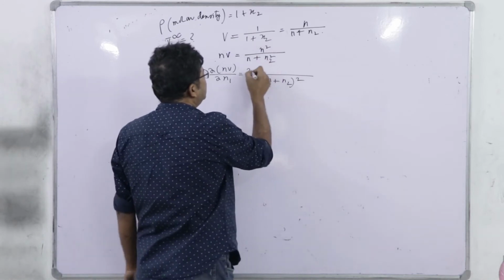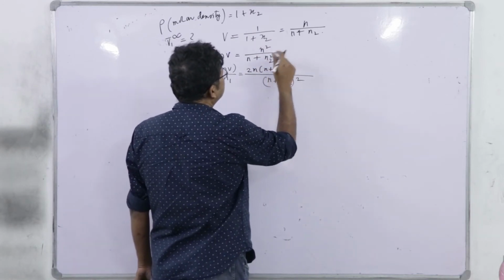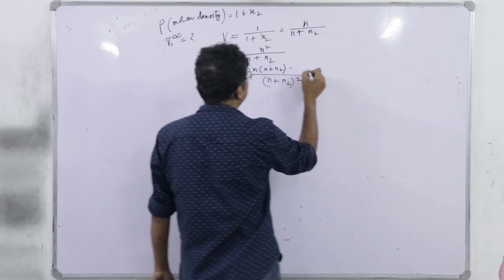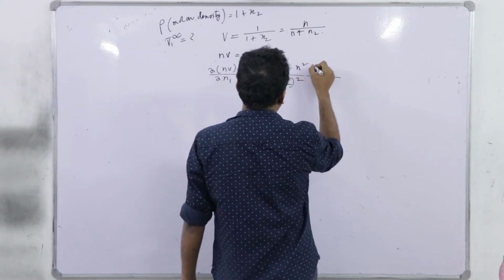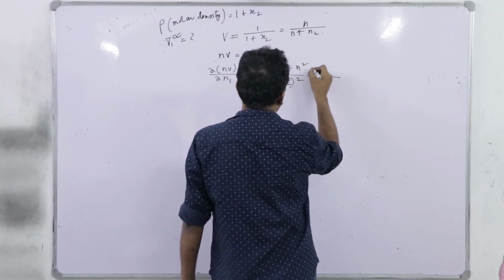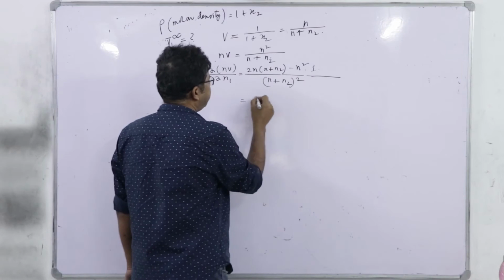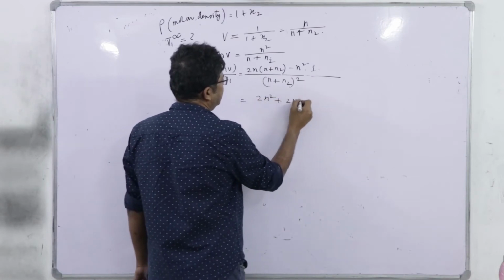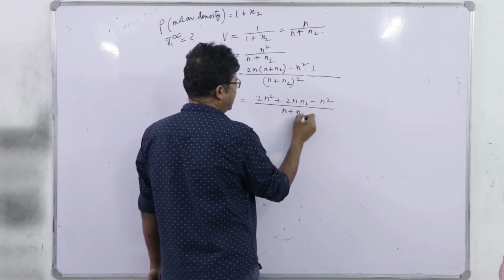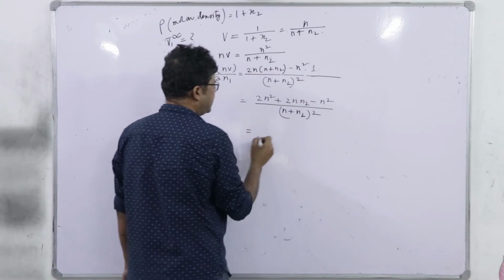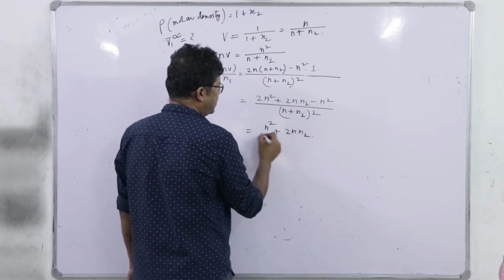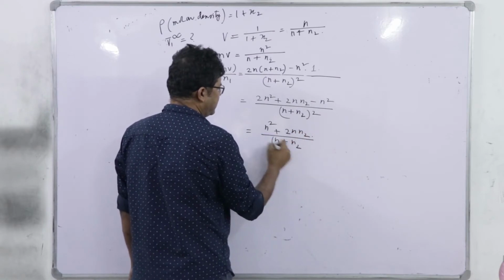So, here it will be 2n, n plus n2, n plus n2 minus n square into derivative with respect to n1, so it is 1. So, this is 2n square plus 2n n2 minus n square divided by n plus n2 whole square. So, it is n square plus 2n n2 divided by n plus n2 whole square.